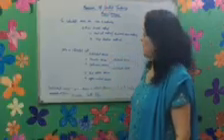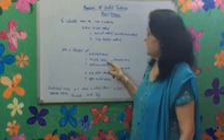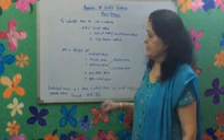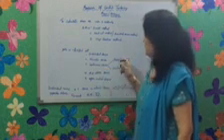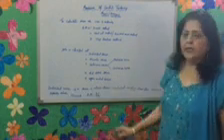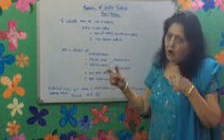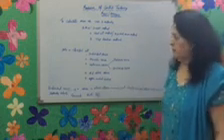Data is classified into individual series, discrete series and continuous series. Continuous series is further divided into exclusive series, inclusive series, mid-value series and open-ended series. This we have done already in the previous chapter.